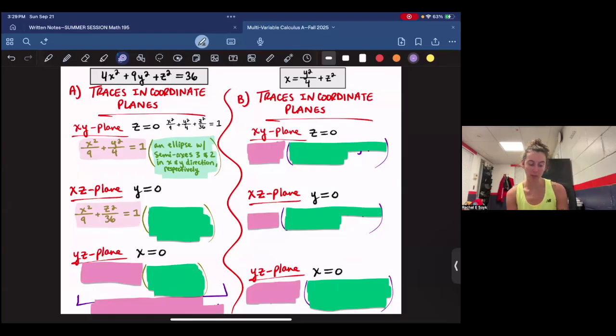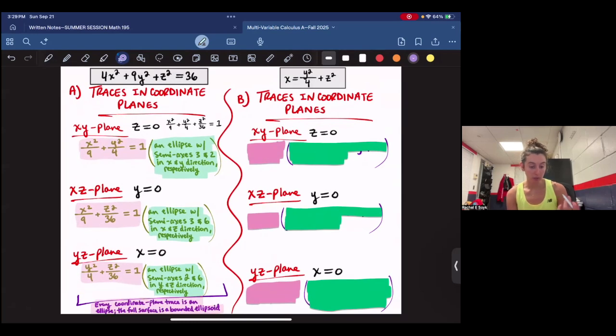Once again, we have an ellipse. Semi-axes are 3 and 6 here. YZ plane, we have y squared over 4 plus z squared over 36 is equal to 1. Another ellipse, with semi-axes at 2 and 6.